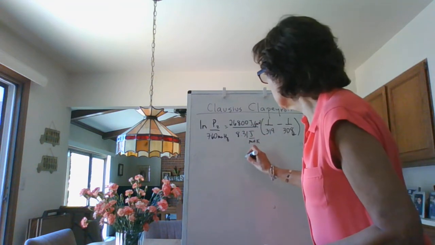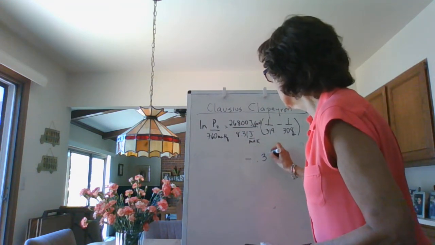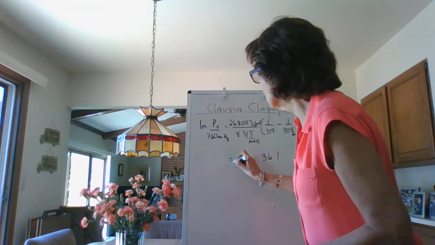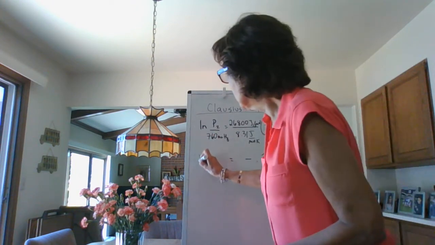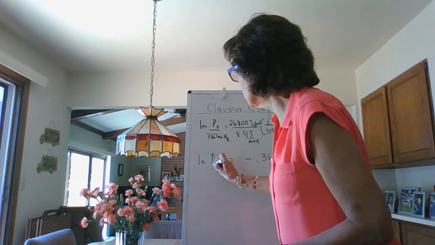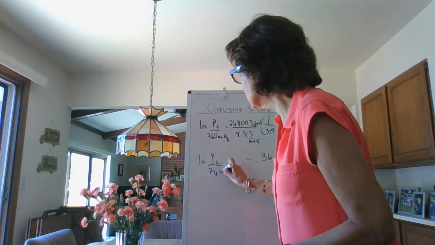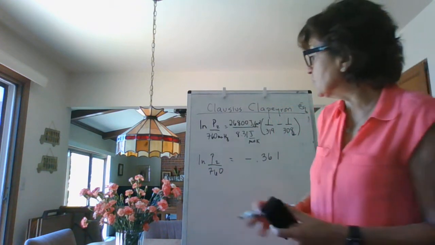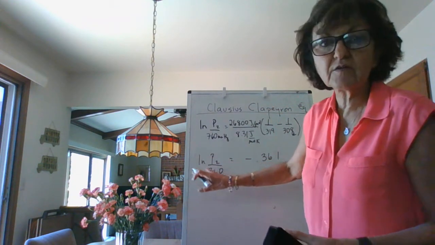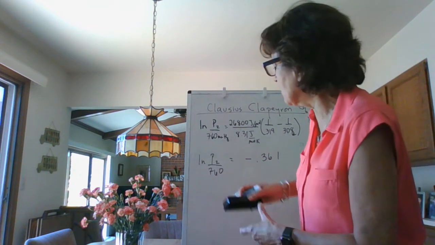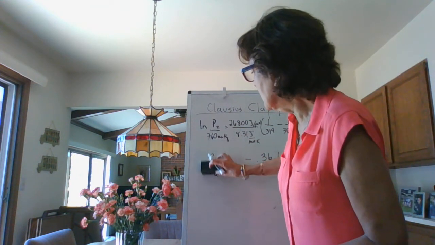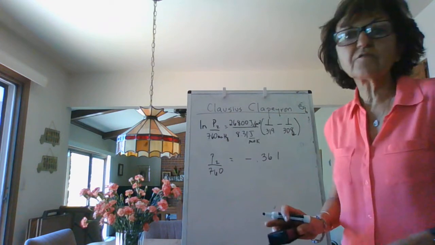So this side is negative 0.361, and this is equal to natural log of P2 over 760. So what you have to do is take the anti-log of this, which is basically e to the x. That way we get rid of this. So I need the e to the x of this side now.